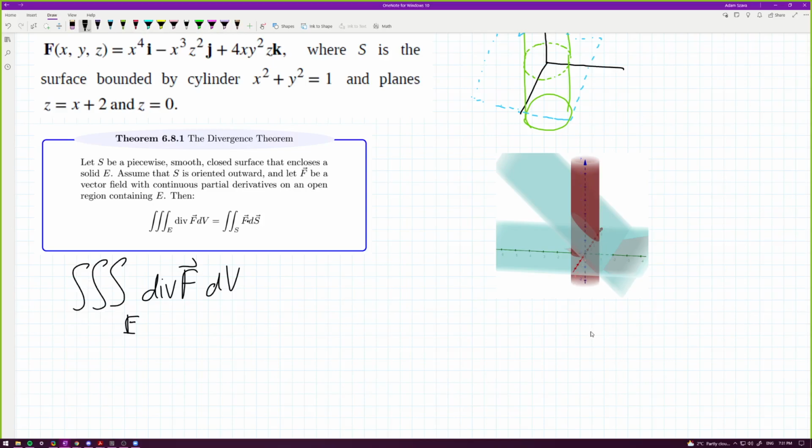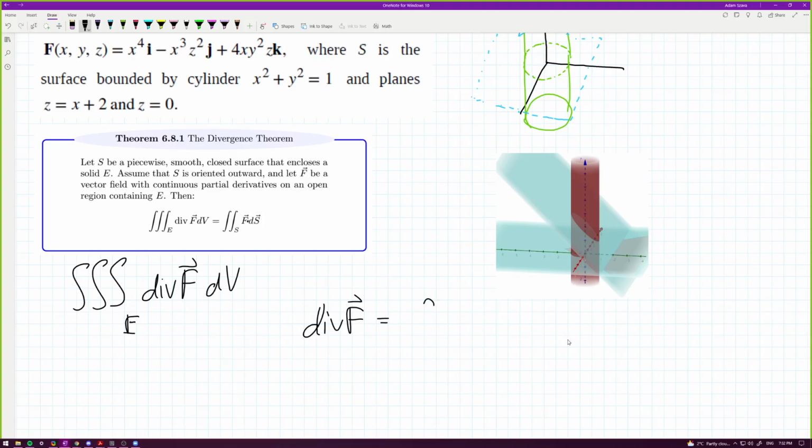The divergence of F is the first thing to figure out. Divergence is pretty simple. The way I like to think about it is you're adding together all the partial derivatives. You're trying to figure out how much the function is spreading at that point, how much the vector field is trying to flow out from that point. To calculate that, we add together all the partial derivatives.